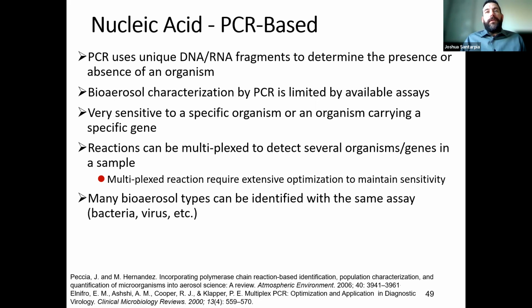So again, you have to know what you're looking for in order to use PCR. It's very, very sensitive down to the single organism level in the actual reaction. That doesn't always translate to single organism in your collection, because you have to process that collected sample and all the dilution steps that go into that. Multiplex reactions can be used to detect multiple different things at the same time.